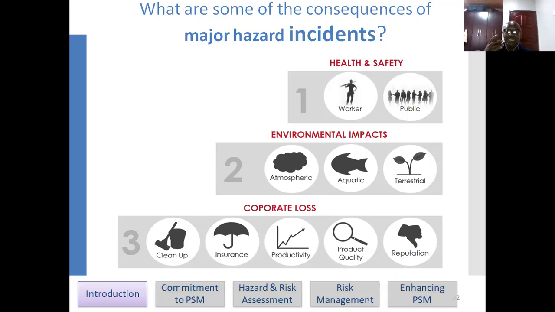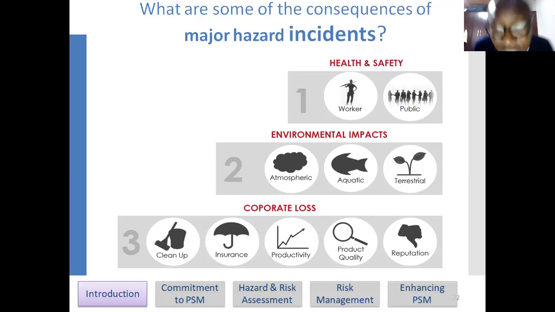So three critical things that industrial accidents cause are: one, it affects health and safety; two, it causes environmental impact; three, it causes corporate loss. Let's take it one after the other. When an accident or incident happens, maybe an explosion or a leakage, there will be health and safety issues.